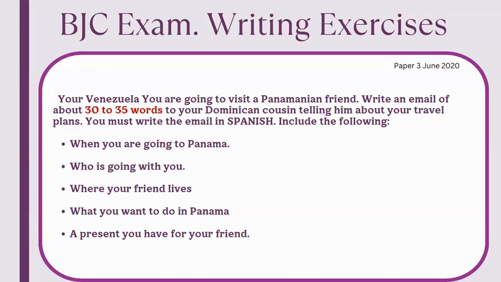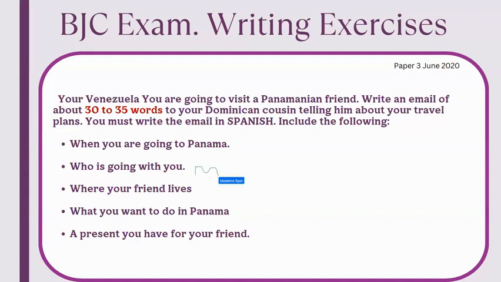This second line is the perfect line for you to put family members, if you know the vocabulary for family members, that may be going with you. Again, you're trying to use up words. So if you want to use up words, list as many family members as you know. Those are going to count as your 30 to 35 words. So put all of the family members that will be traveling with you.